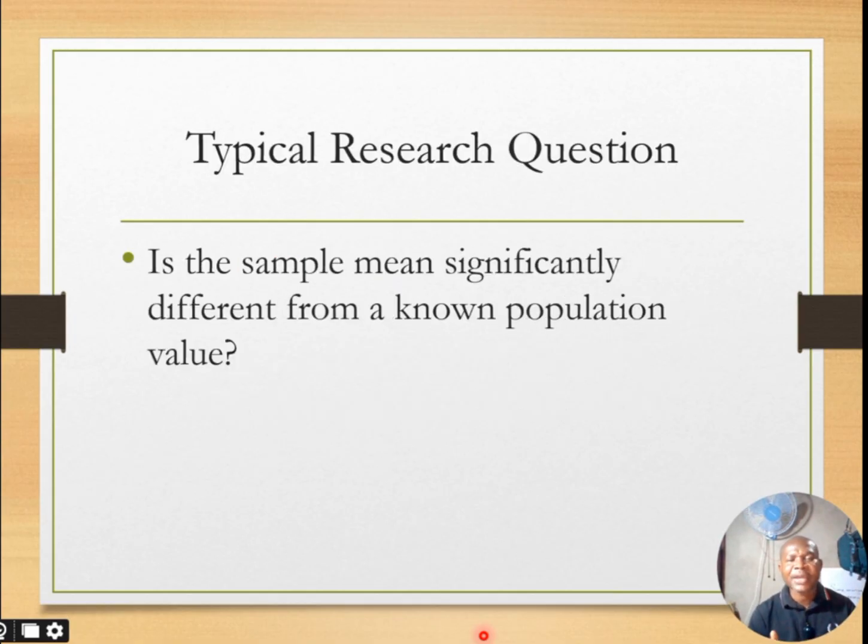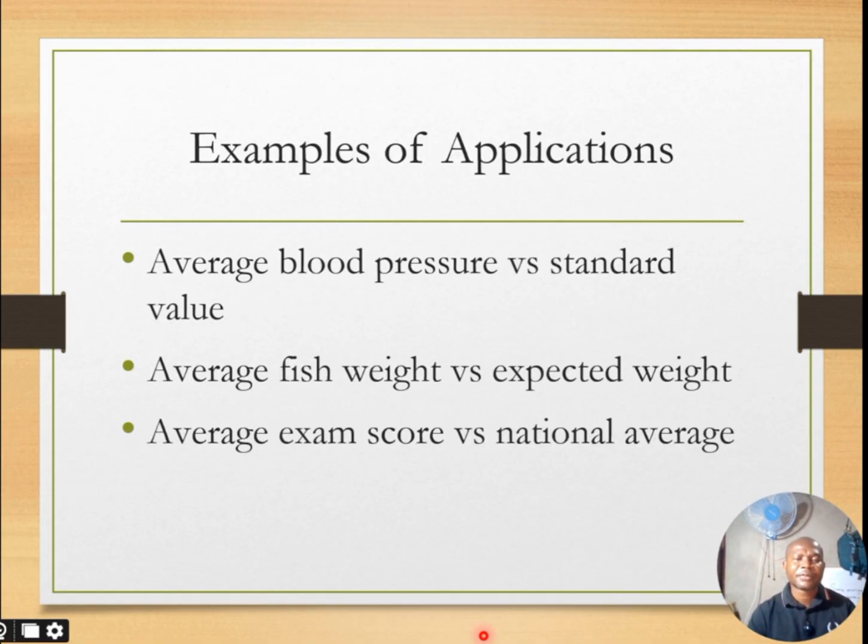So, typically in research, questions will come this way as they affect the one sample t-test: is the sample mean significantly different from a known population value? Let's have a few examples. The average blood pressure versus a standard value. Let's say we have an average blood pressure obtained from a group of persons, and we are comparing it with the standard blood pressure value.